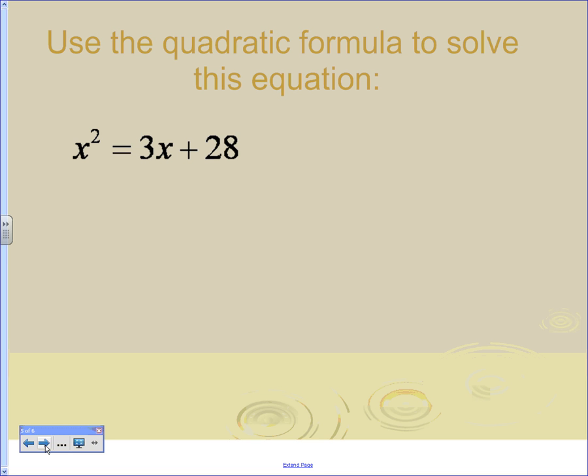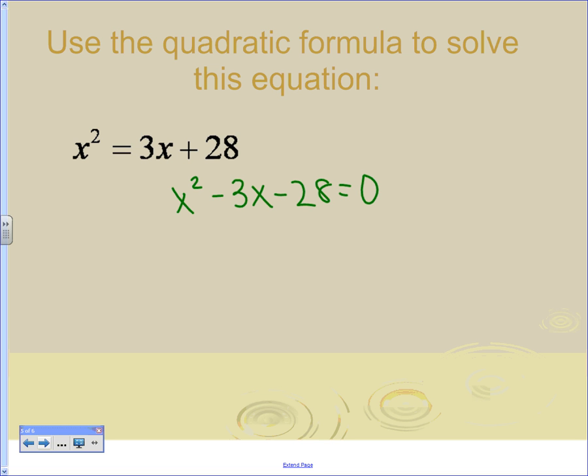So, the quadratic equation was ax squared plus bx plus c equals 0. Is that in the right form? What form should it be in? It should be x squared minus 3x minus 28 equals 0. Is it okay if we go ahead and put 28 on the other side? No, she just said there. We're not going to derive the quadratic formula from here. We're actually going to use the quadratic formula.